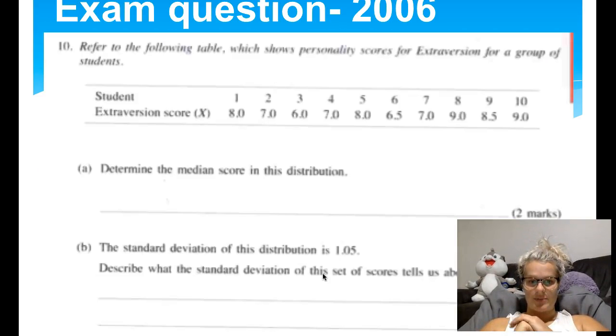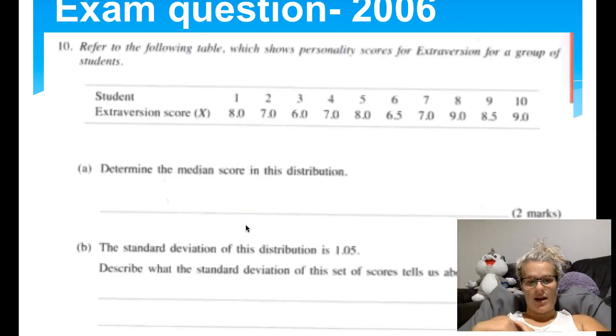So here's an example. The following table shows personality scores for extroversion for a group of students. The standard deviation of this distribution is 1.5. If you're not sure if that's a big or a small number, have a look at the numbers. Are the numbers high variability, so they are widely spread from the mean, or are they low variability and clustered around the mean?